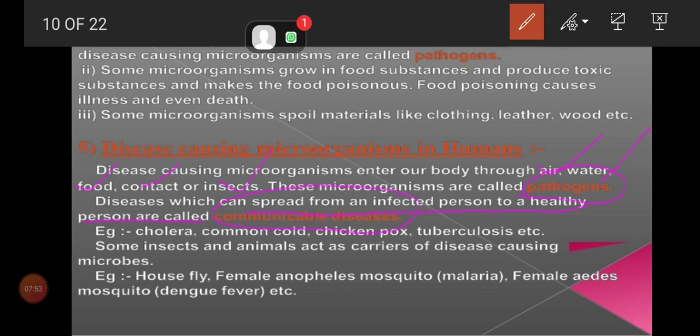If we are not getting a disease from neighboring persons, and in our body itself, because of deficiency of vitamins or deficiency of some hormones, we are getting some diseases, that we call non-communicable diseases. An example for non-communicable diseases is your sugar. Now we used to hear our grandmas, our grandpas, or our father or mother tell, I have a sugar.